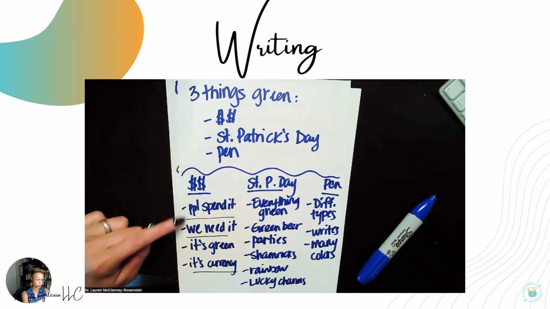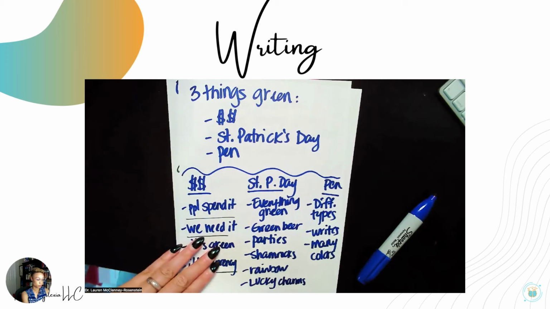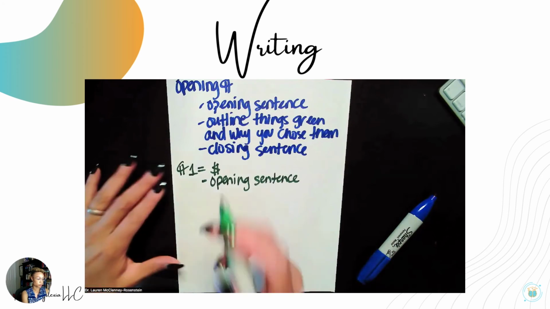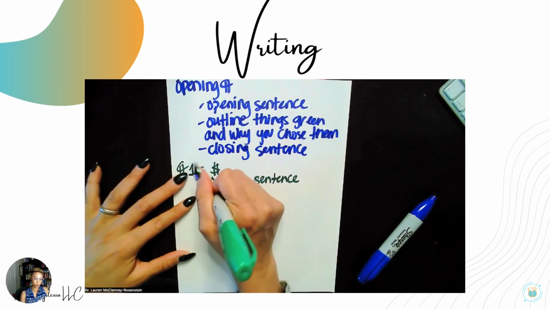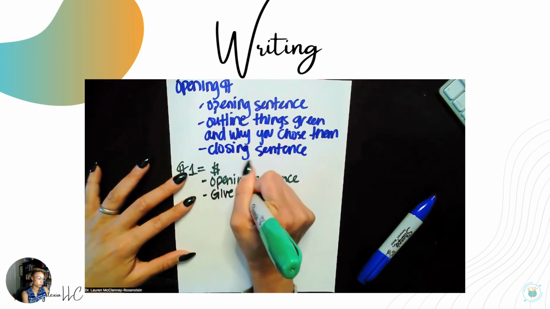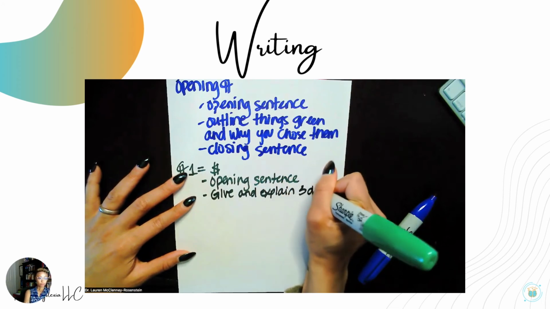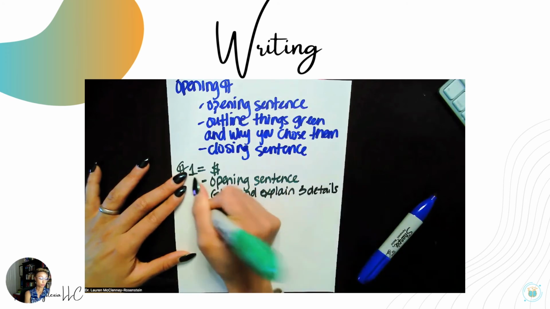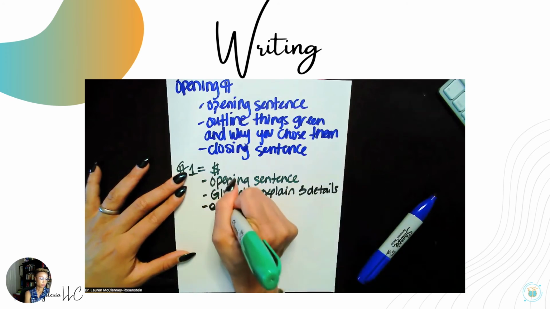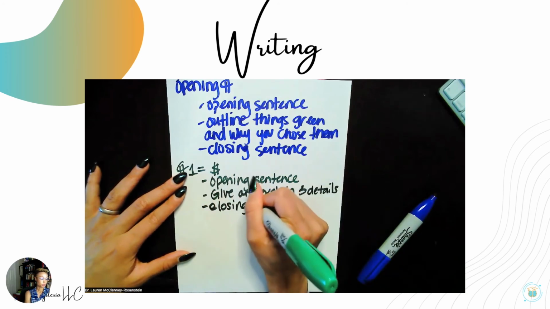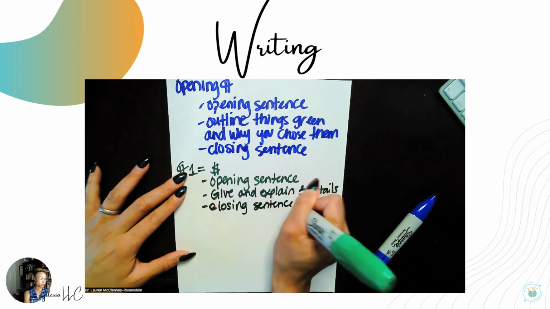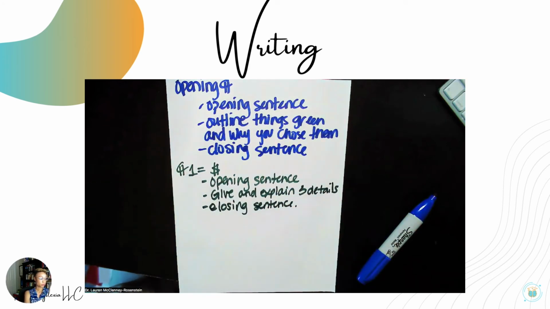So you're going to then put in your 3 details, right? So opening sentence, give and explain 3 details, closing sentence. And you rinse and repeat for paragraph 2 and 3.